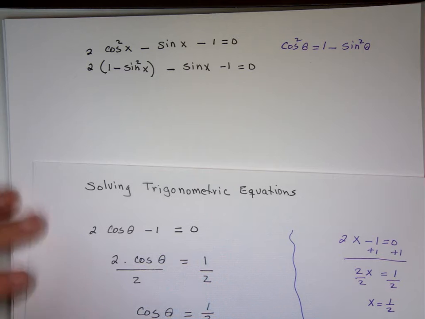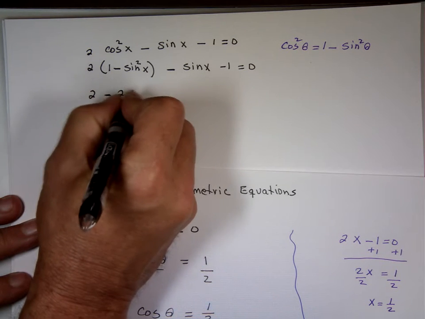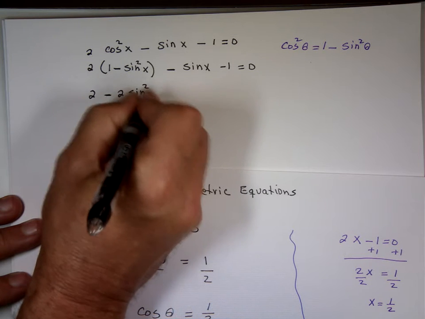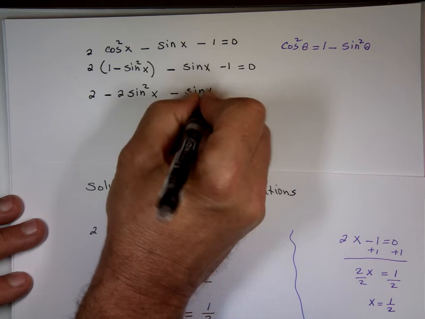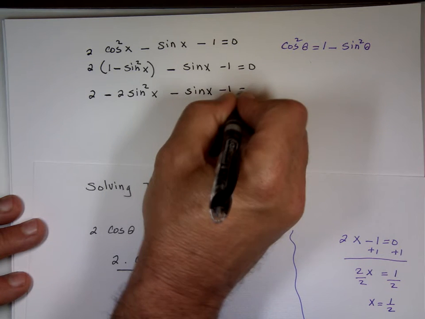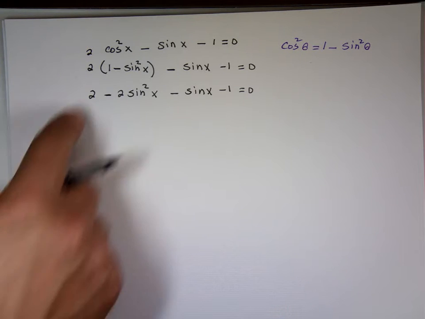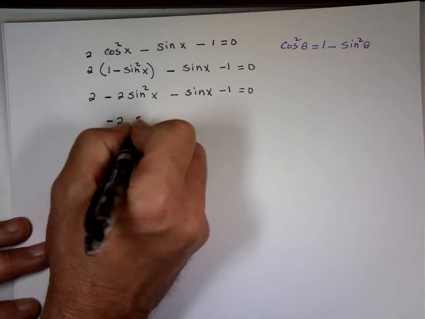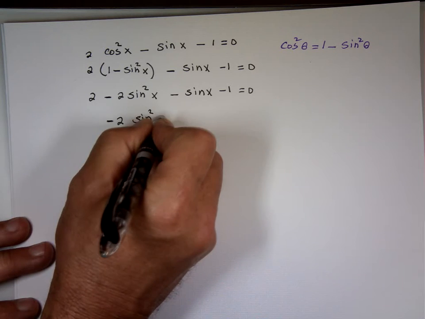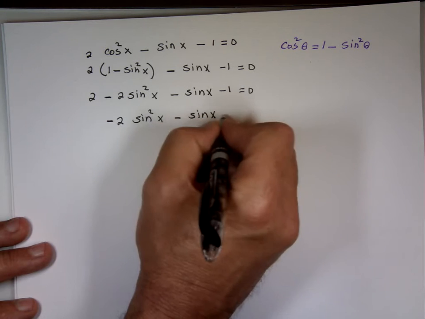Let's multiply that. 2 minus 2 sine squared x minus sine of x minus 1 is equal to 0. Can I combine the 2 and the minus 1? Yep. That would be what, plus 1?